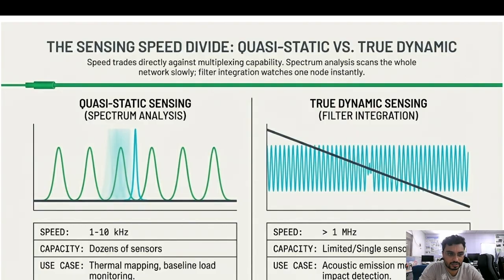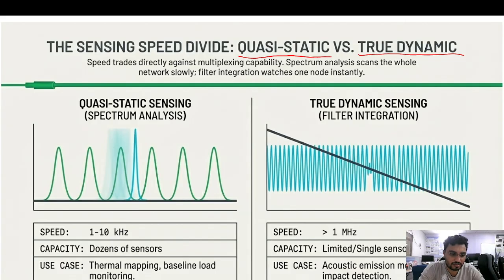Now we are going to discuss the sensing speed divide, quasi-static versus true dynamic. What is the relation between these two? Speed trades directly against the multiplexing capability. Spectrum analysis scans the whole network slowly, while filter integration watches one node instantly.